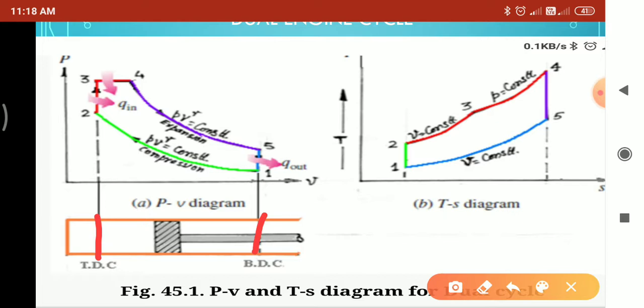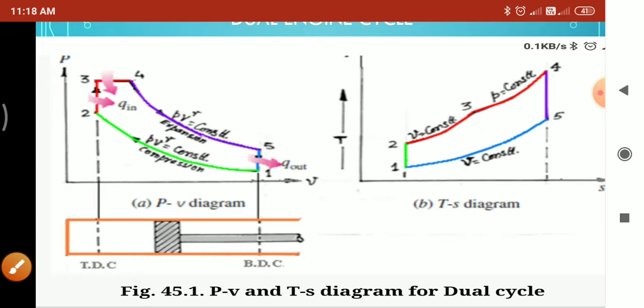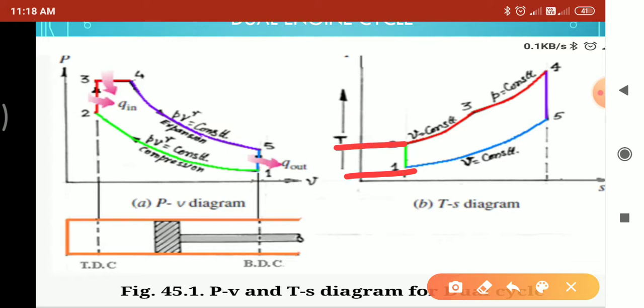Process number 1 is called the isentropic compression process, meaning in this process entropy remains constant, but temperature rises from T1 to T2, volume decreases from V1 to V2, and pressure increases from P1 to P2. These are the changes of properties of the system.